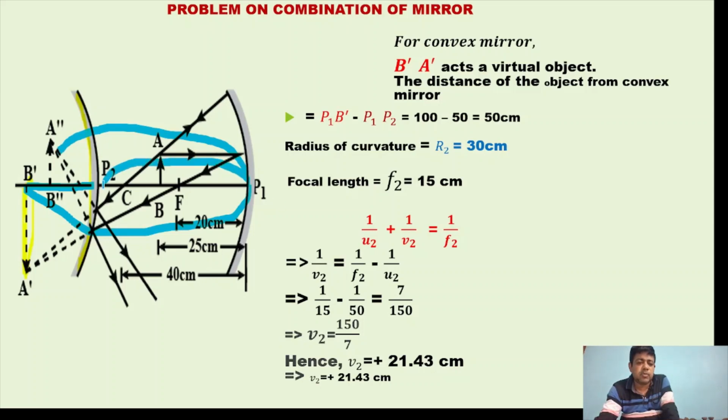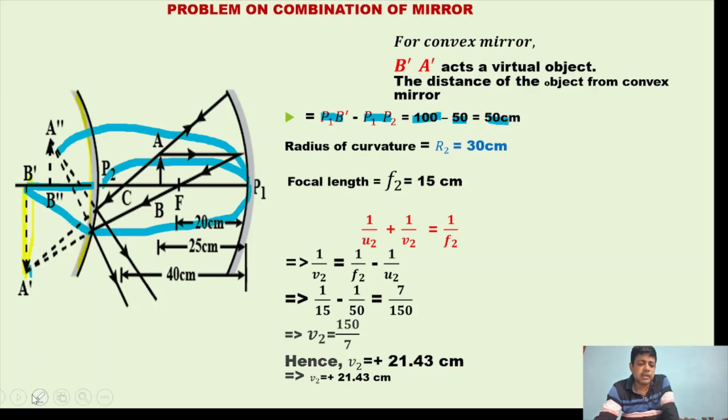So this is P1 B dash minus P1 P2, which is 100 minus 50, which is 50 centimeter. So the object A dash B dash behaves like the object for the convex mirror, and it is situated at 50 centimeter away from the convex mirror.